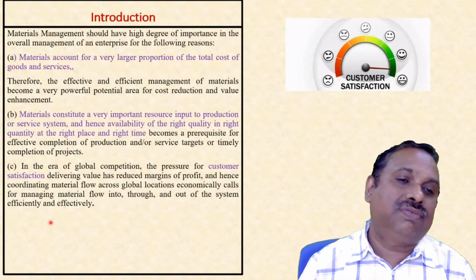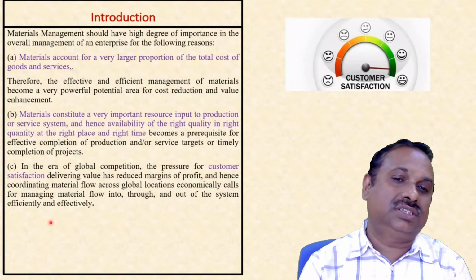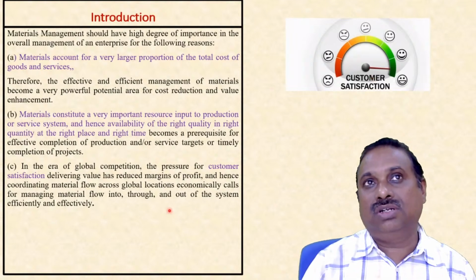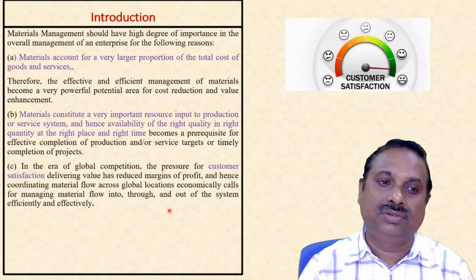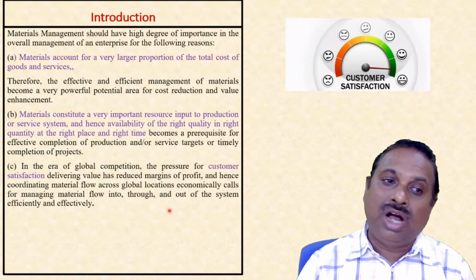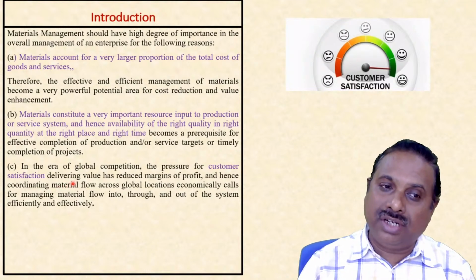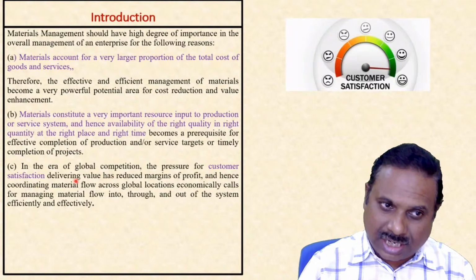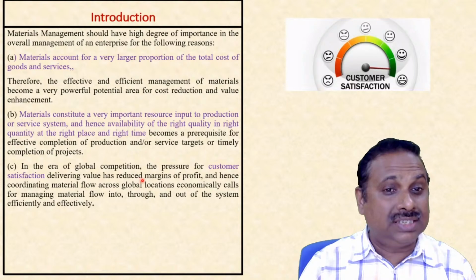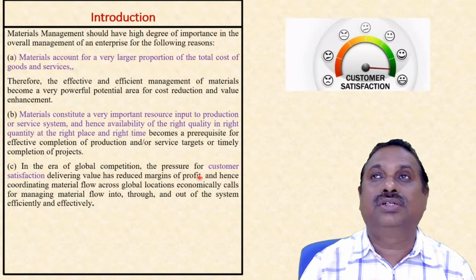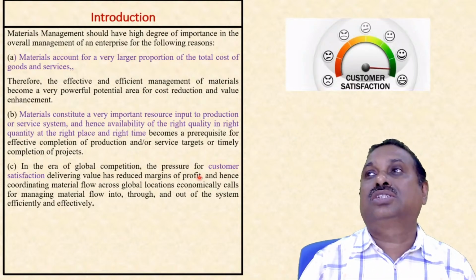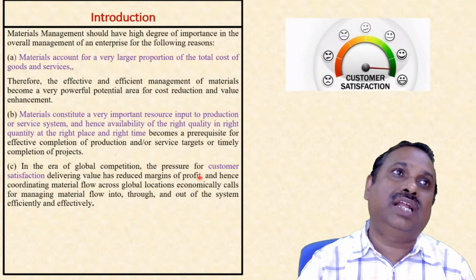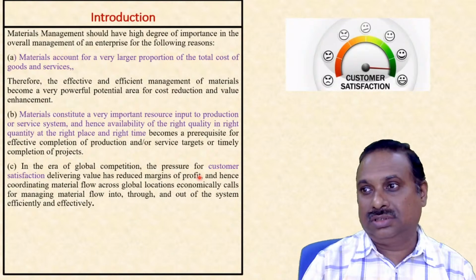And in the era of global competition, the pressure is for customer satisfaction. You have to satisfy your customer. How do you satisfy your customer? By delivering value, which has reduced margins of profit, because customers want quality products at low price, and there are a lot of competitors.